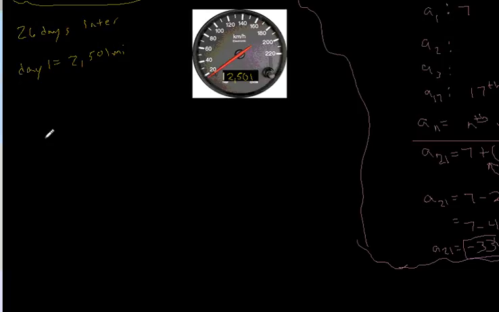The odometer is actually reading an arithmetic sequence, and you know this because the problem I stated earlier says the car is driven 30 miles each day.